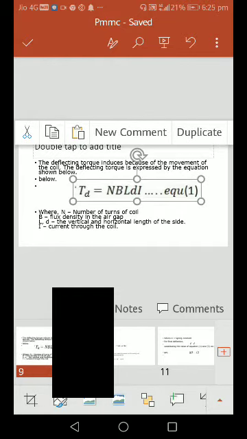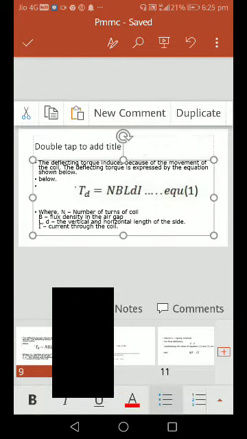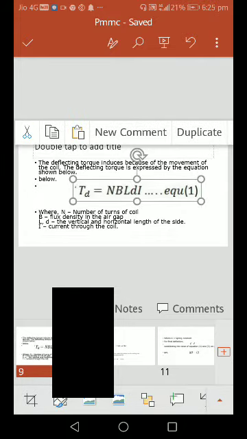The deflecting torque is expressed by the equation shown below: Td is equal to n into B into L into d into I, where n is the number of turns and I is the rate of change of current that produces the deflecting torque.